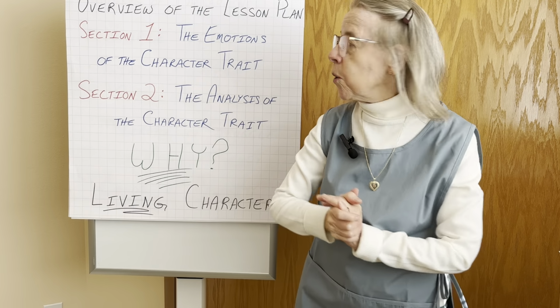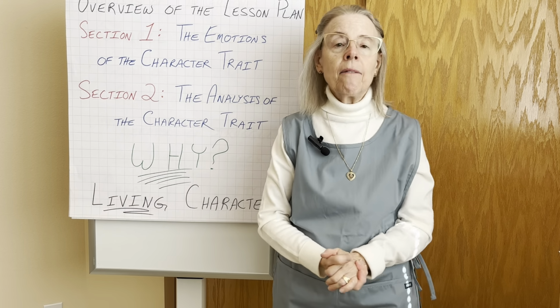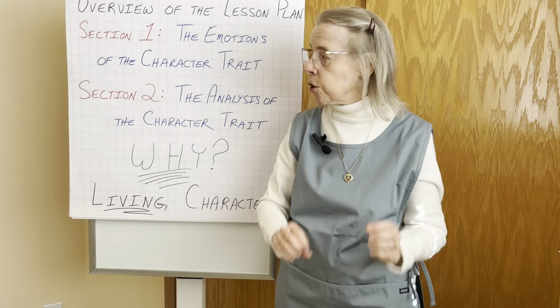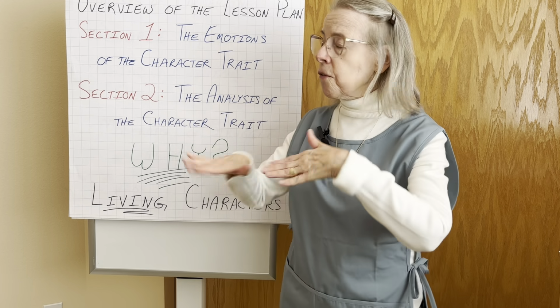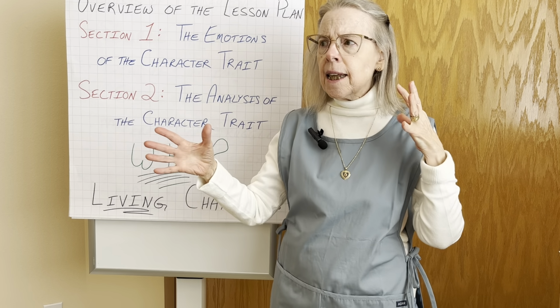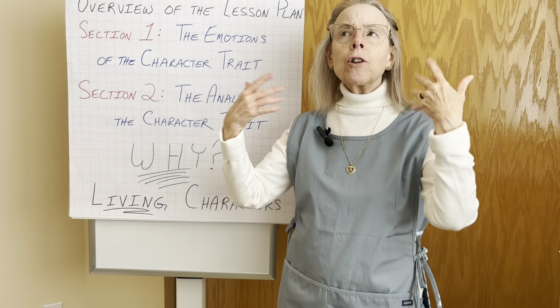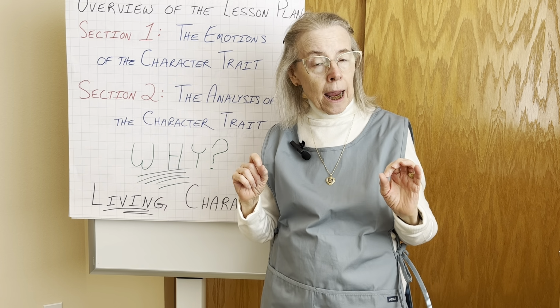As a quick review, the way we're going to conduct these classes and all of the classes having to do with doing the character traits is we're going to divide them into two sections. The first section, we present a series of vignettes, scenes where the character trait and the emotions associated with it are on display.